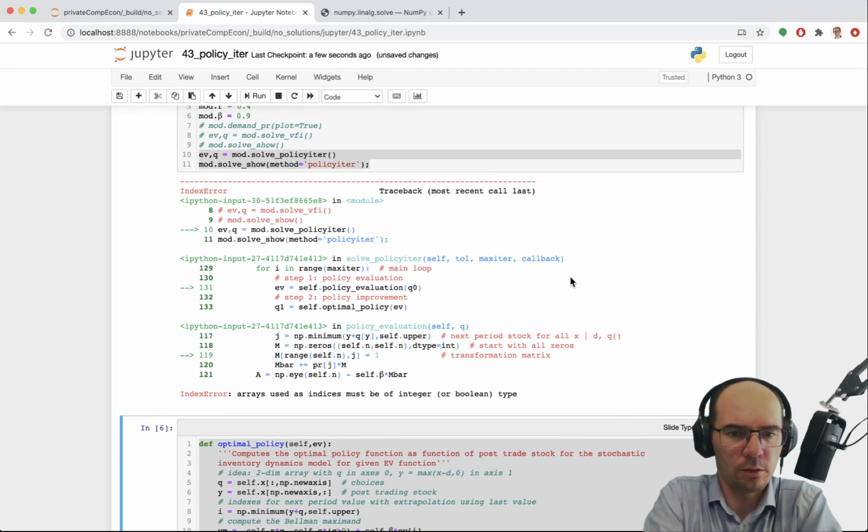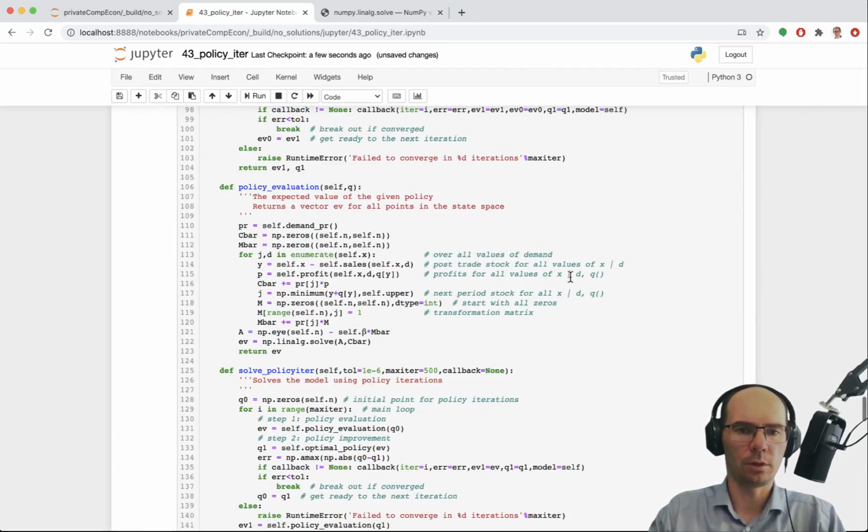And here again, arrays used as indices must be of integer or Boolean type. It's the transformation matrix that is not working. Let's try to investigate.